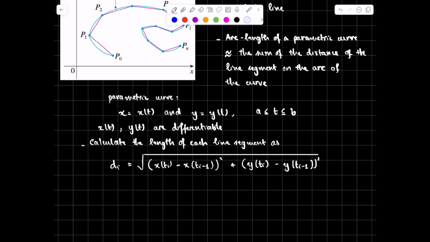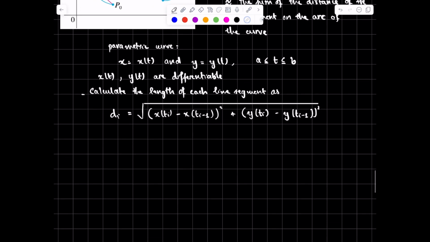So this is just the formula for the distance between two points. Now this is just the length of one line segment.